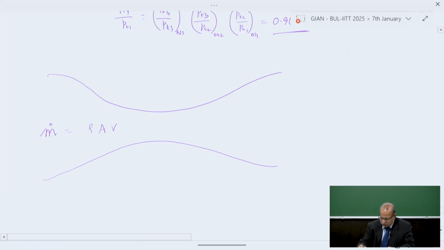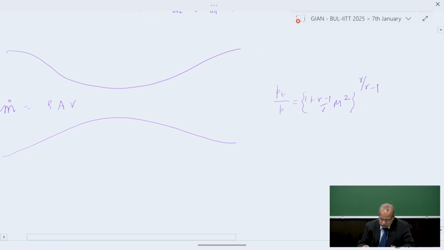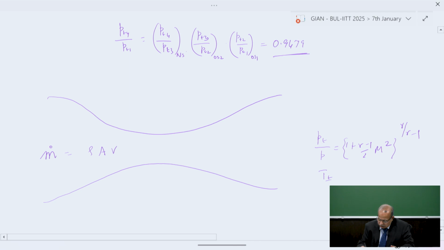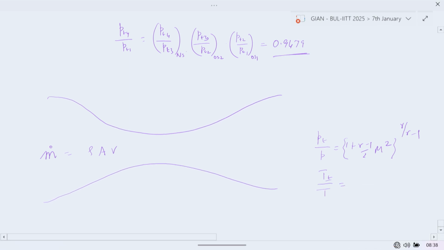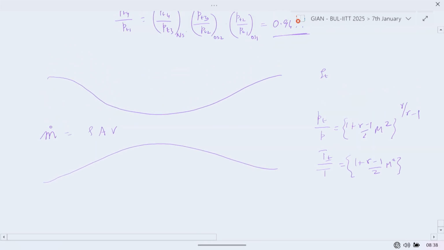Now we have seen that the properties are denoted in terms of total properties, where we have pt by p equal to (1 plus (gamma minus 1) by 2 M squared) power gamma by gamma minus 1, and Tt by T equal to 1 plus (gamma minus 1) by 2 M squared, and then rho t by rho equal to (1 plus (gamma minus 1) by 2 M squared) power 1 by gamma minus 1.